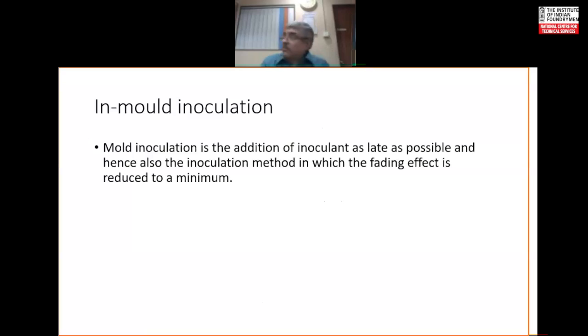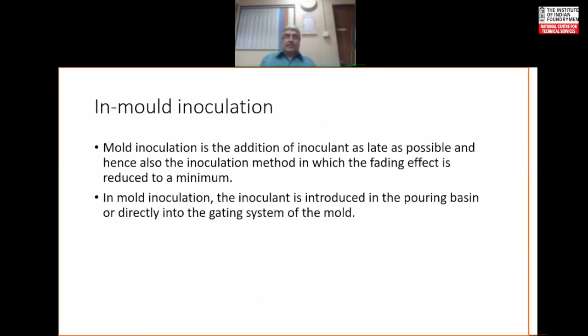Quickly, a word about in-mold inoculation. This is the last possible stage where you can add inoculant. The inoculant is introduced into a chamber in your running system, or sometimes it can be introduced into a pouring basin.